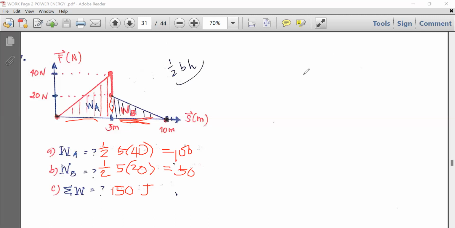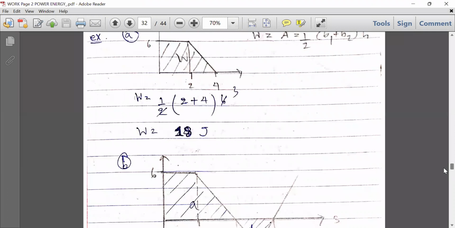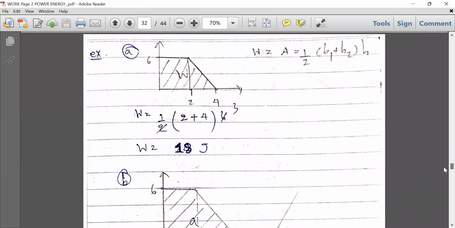Okay, next example. Let's erase that and move on to the next example. In this example, you have a force of 6 newtons and a displacement of 4 meters. What's the total work done here?